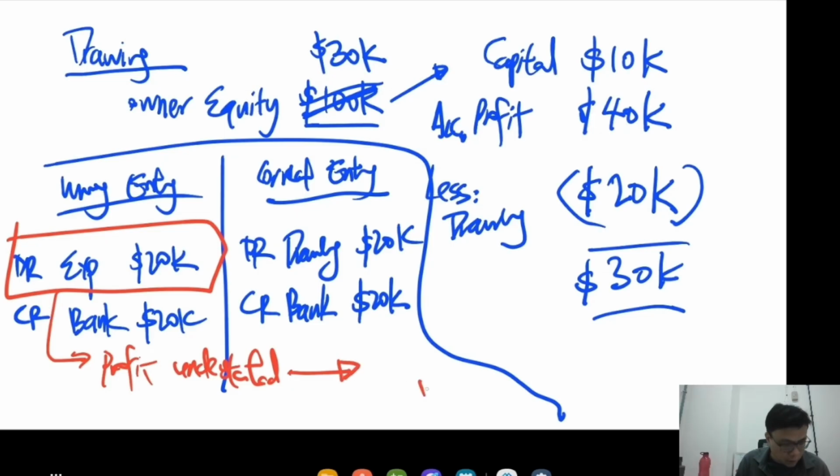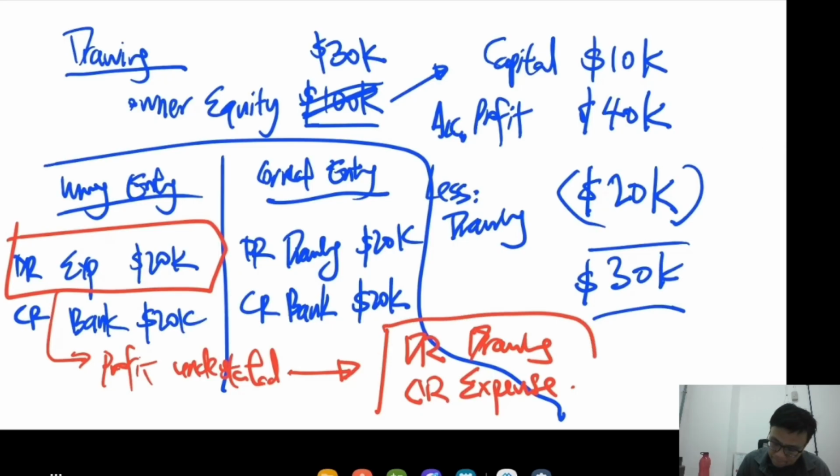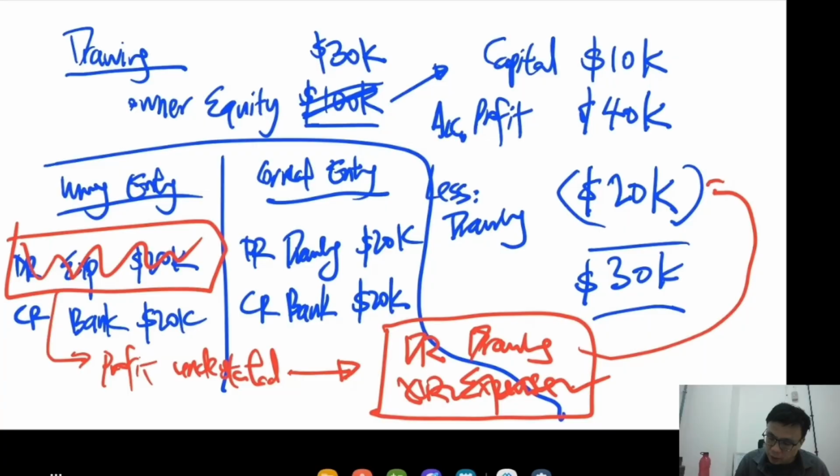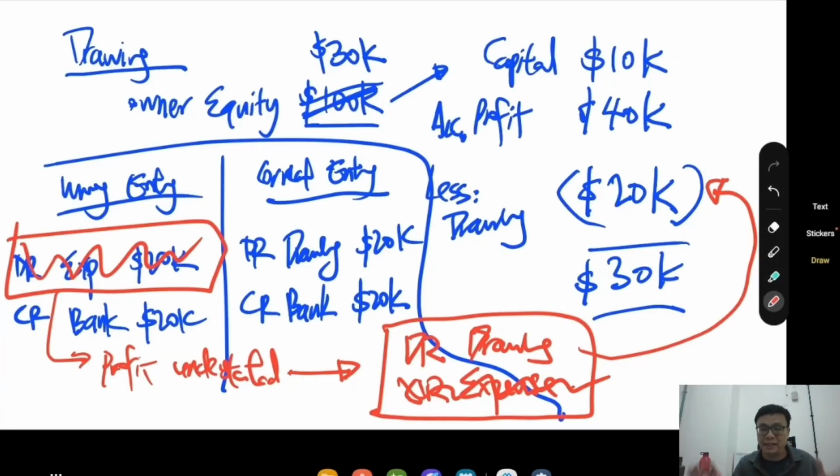When we credit the expenses, and then after we debit back the drawing, we are doing a correction whereby this one and this one will be contra of, and we will be able to state correctly the drawing as part of the presentation under the owner's equity in your statement of financial position.